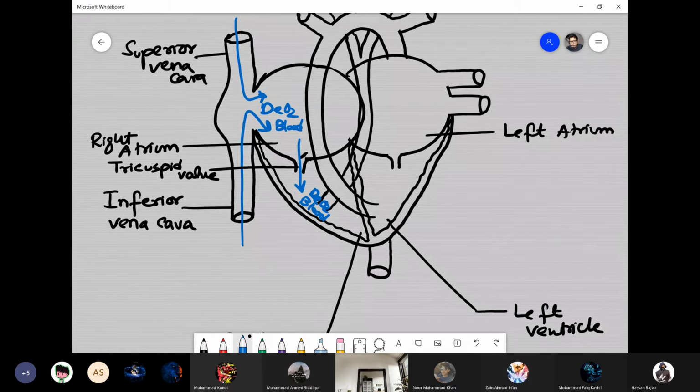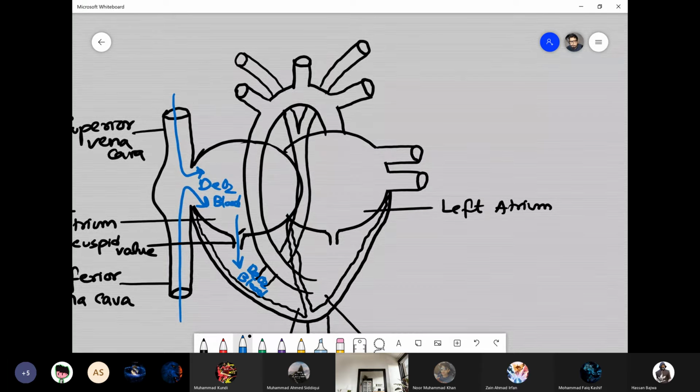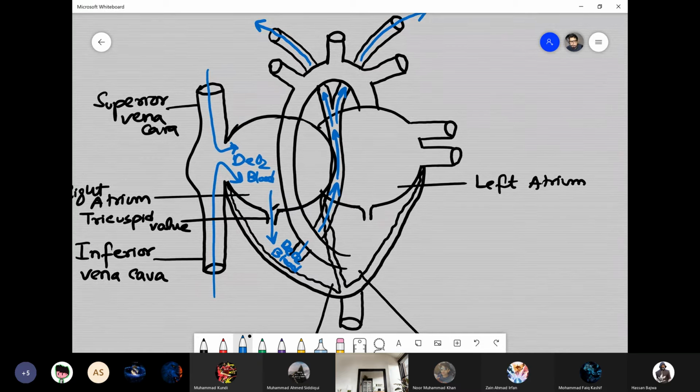Now when this right ventricle contracts, this deoxygenated blood will enter into this blood vessel, which goes up and divides into two. When the right ventricle contracts, there is a chance that the blood can go back into the right atrium. So this tricuspid valve will prevent it by closing, by shutting and preventing the blood from going back.